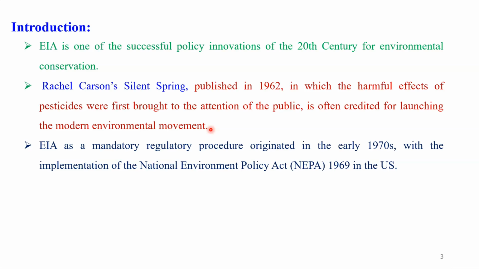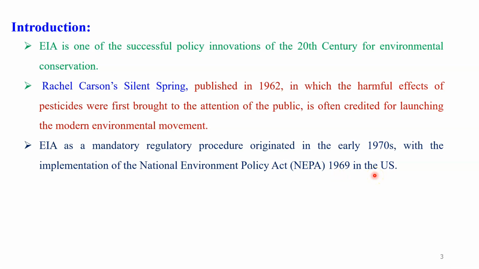The environmental impact assessment as a mandatory regulatory procedure originated in the early 1970s with the implementation of the National Environmental Policy Act, that is NEPA, in 1969 in the USA.